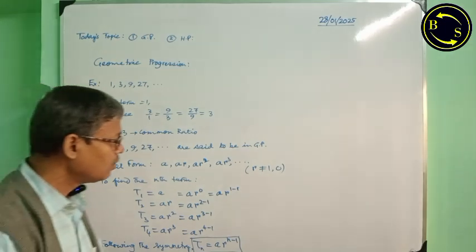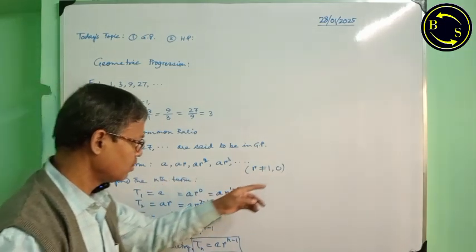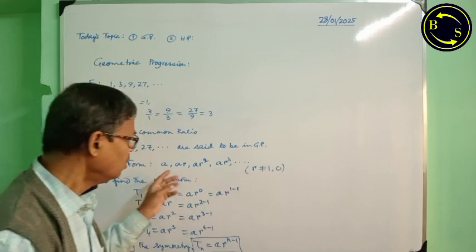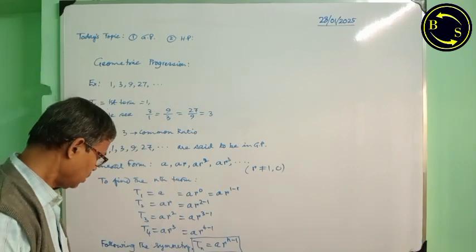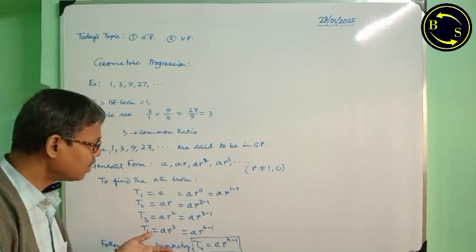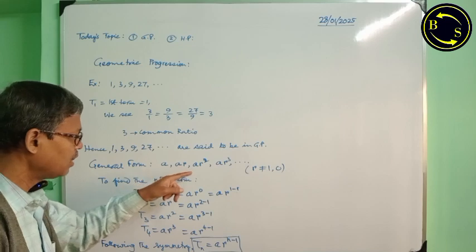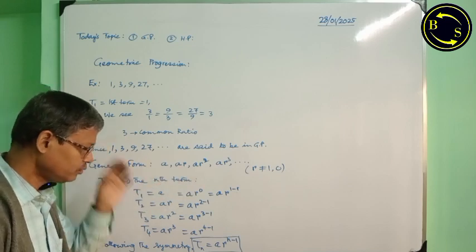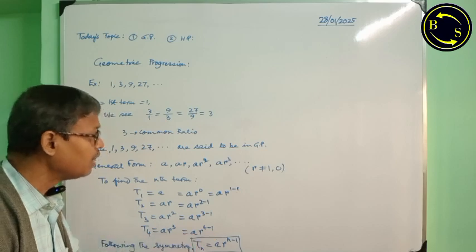In case of r equal to 1, you see, all terms will be equal, and in case of r equal to 0, only one term will be there. Thus, we have deduced nth term of the GP a, ar, ar square, ar cube is given by a r to the power n minus 1.